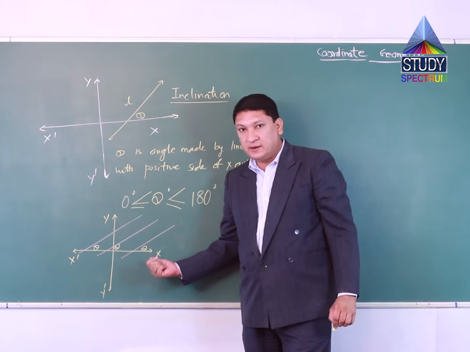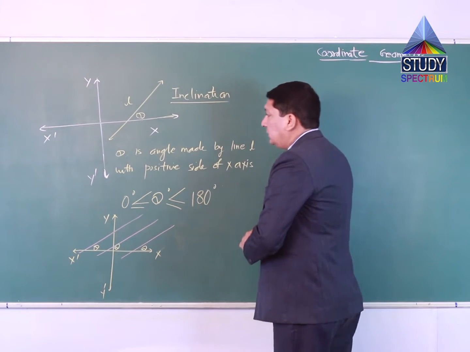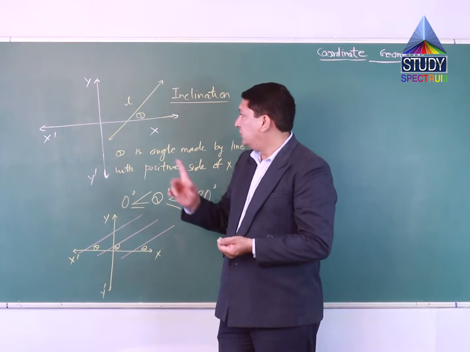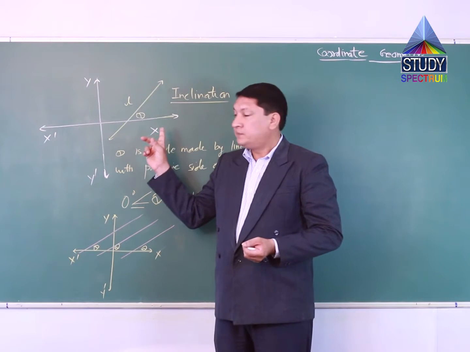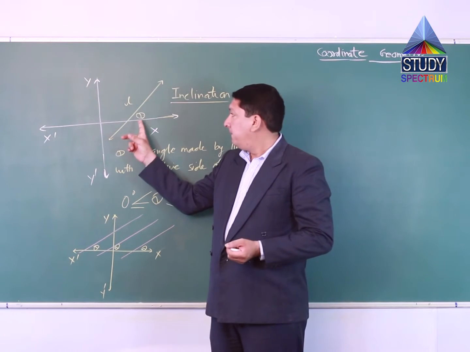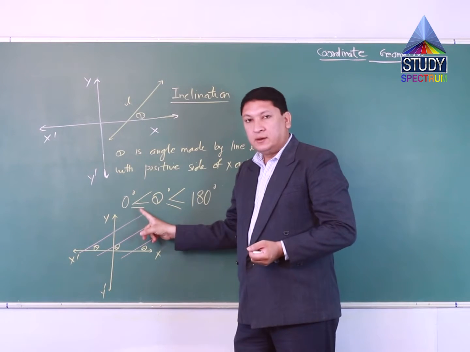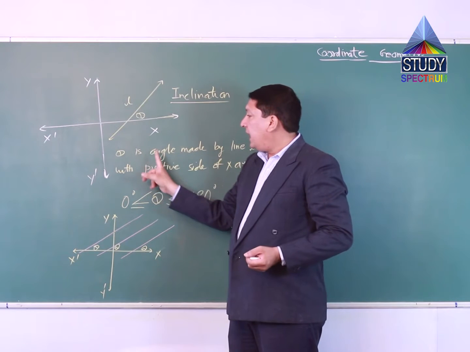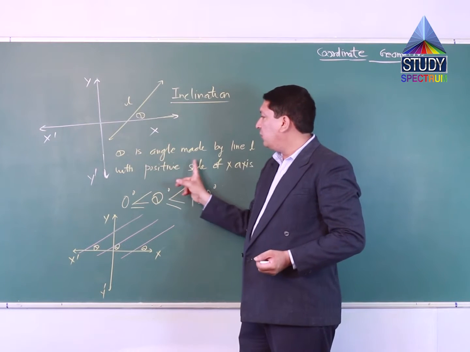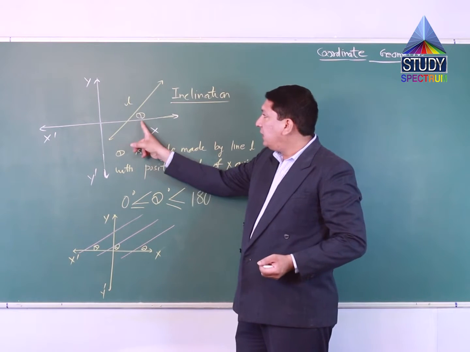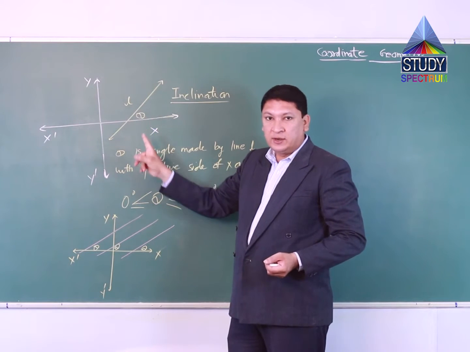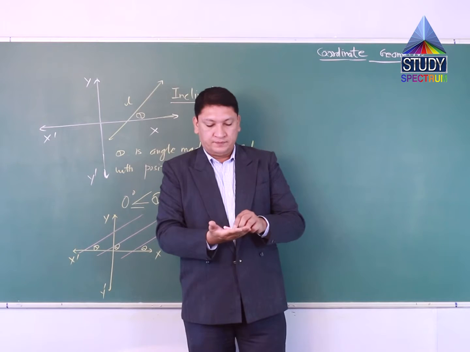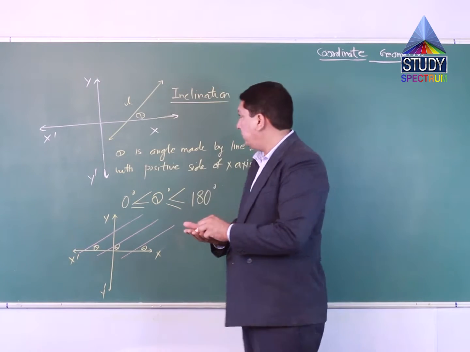So things which we have seen now are, first, about inclination, the angle theta. Theta ranges between 0 degrees and 180 degrees. Inclination is nothing but the angle formed with the positive side of x-axis. Now we'll talk of slope.